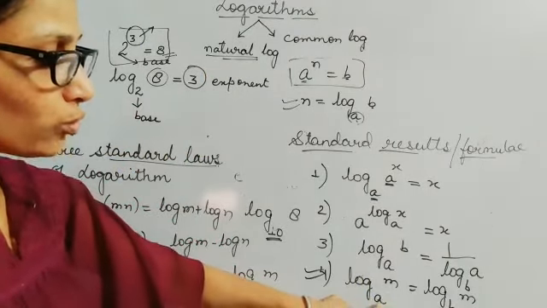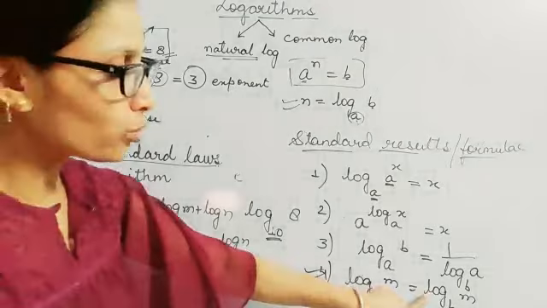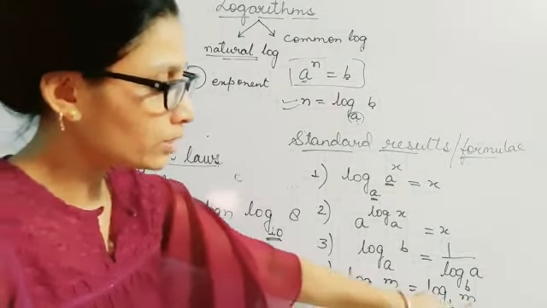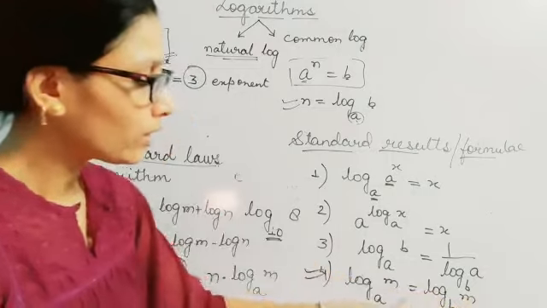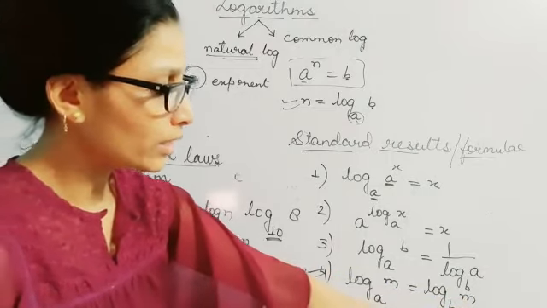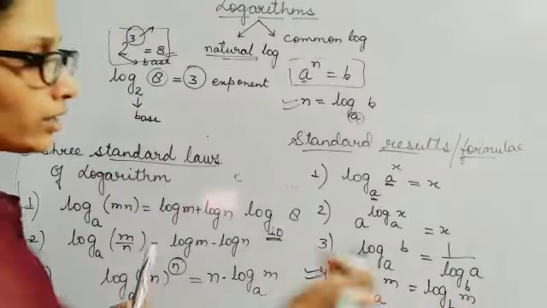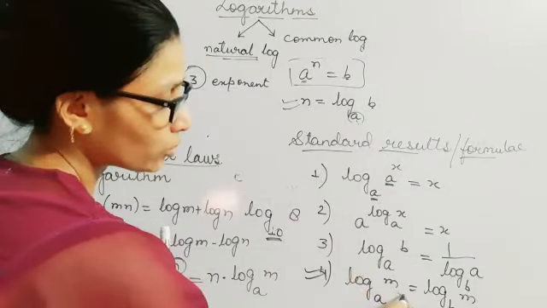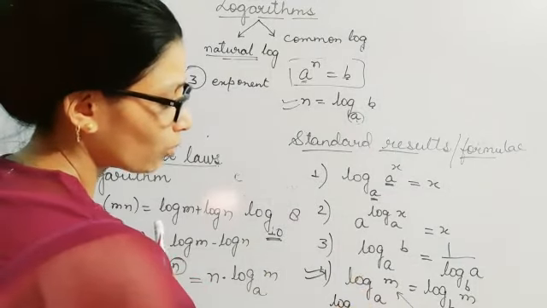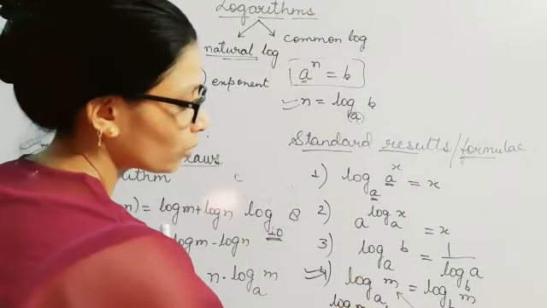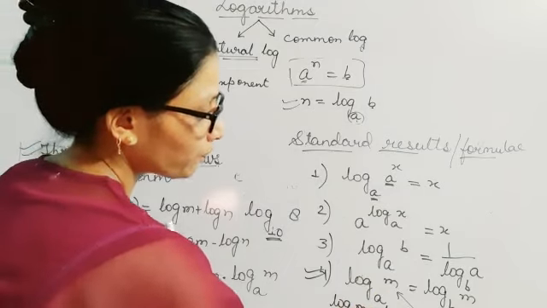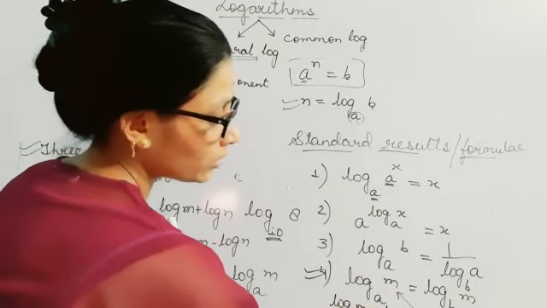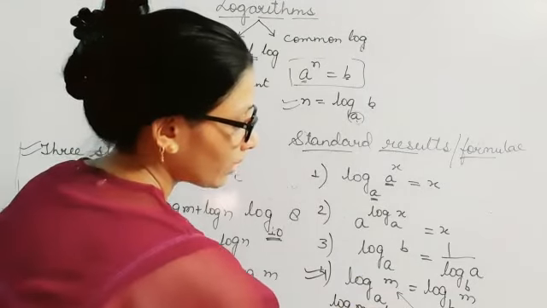If you want to change any base, then you can use log of m to the new base, upon log of the old base to the new base. Here you can deduce it like this also. You can write it as log of m to the base a into log of a to the base b is equal to log of m to the base b.